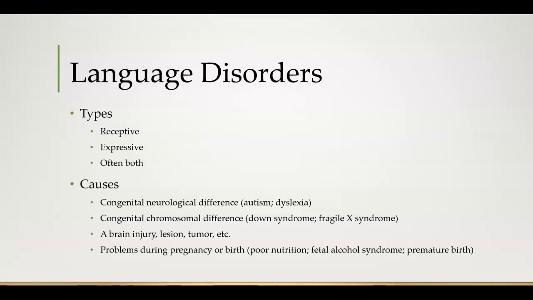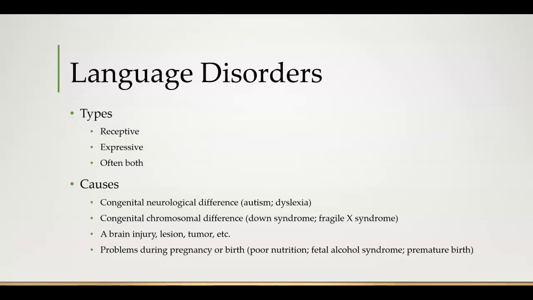So, what causes language disorders? Well, you can be born with a neurological difference. Examples would be autism or dyslexia. You can be born with a chromosomal difference, which affects not usually just language, but many other aspects of development.